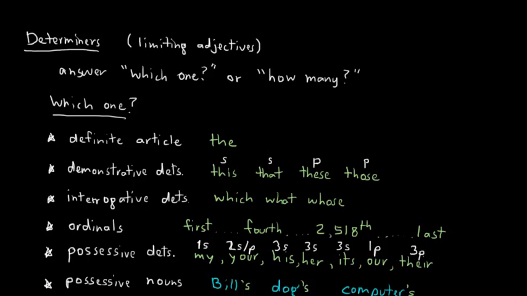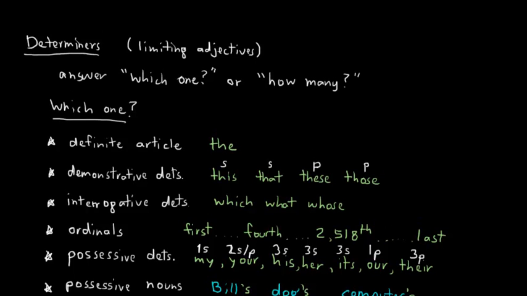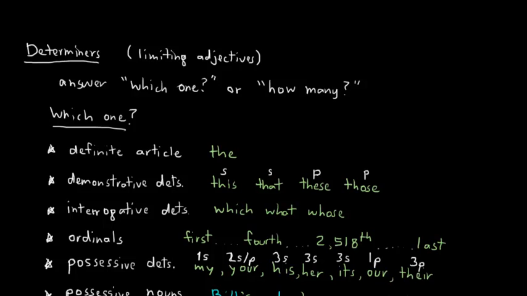So, one thing to take away before I go on to another video is that we need to be careful, because a lot of these can also function as other parts of speech. The same word can be a pronoun or it can be a noun. So this, that, these, those can also be used as demonstrative pronouns.